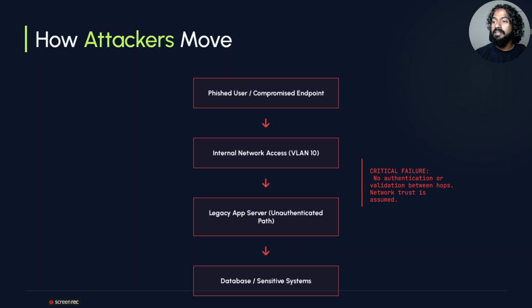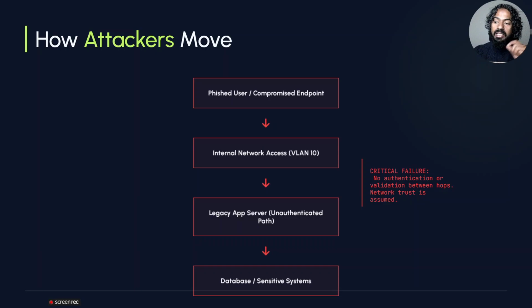As we already discussed, no authentication between hops. From that server, they move straight to a database or any sensitive systems, for instance. This is not advanced hacking, right? This is walking through open doors. So obviously attackers will love this, no? Each hop trusts the previous one. That's implicit trust in action.